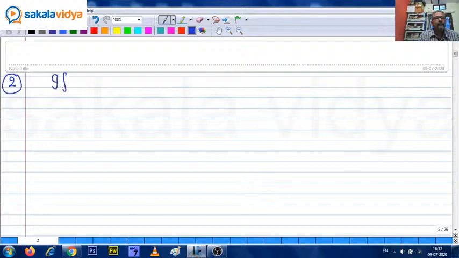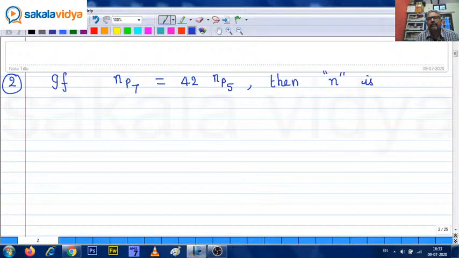If nP7 equals 42 times nP5, then n is equal to: first option 5, second option 7, third option 12, fourth option 9.